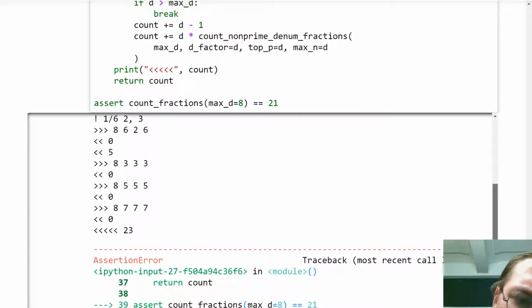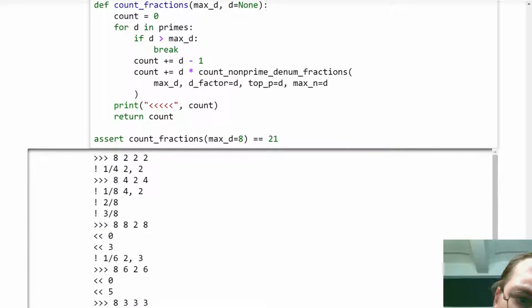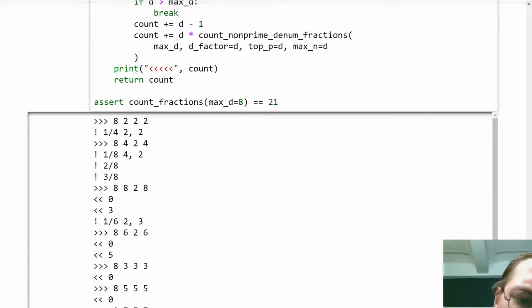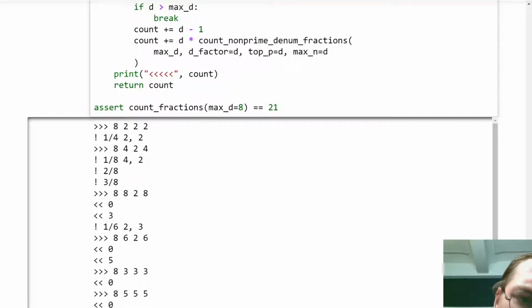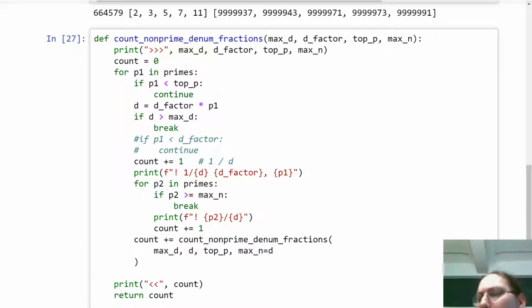I would like to try this, because now you're counting non-prime denominators. Yeah.